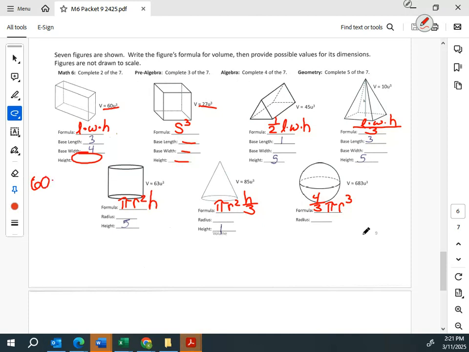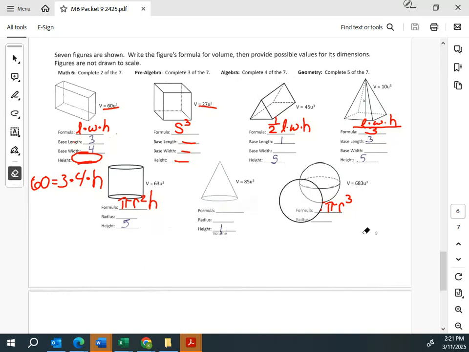So our volume of 60 equals length of 3 times the width of 4 times our height. Use opposite operations to get the height by itself. So if we are multiplying by 3 and multiplying by 4, we want to do opposite operations to move it over to the 60. So we want to divide by 3 and divide that by 4. And what we are left with should be our height.